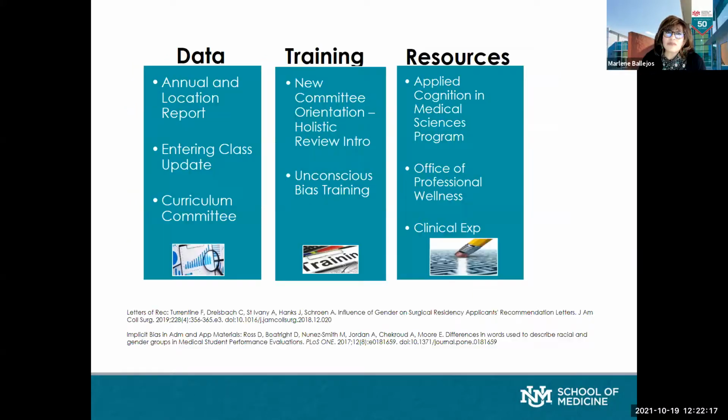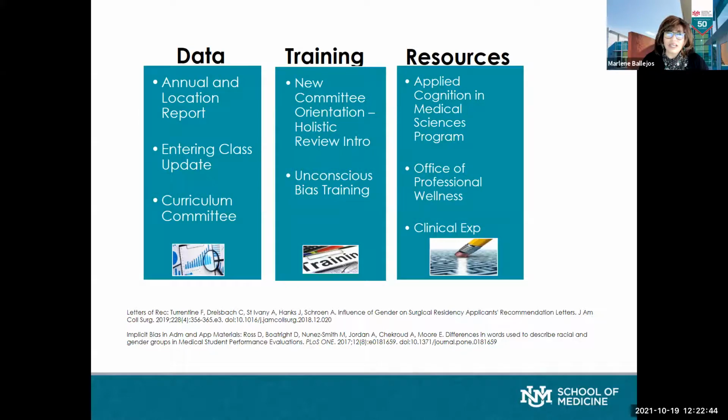So throughout the year, we have data, training, and resources for our admissions committee. One of the things that we do is we have our annual location report. We also have an entering class update that we provide. What does the class look like? In our location report, we provide information about where our graduates are practicing.